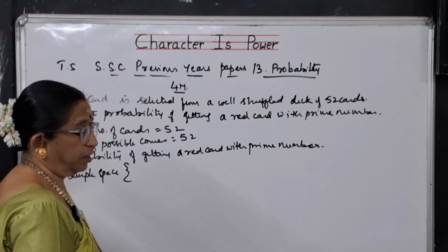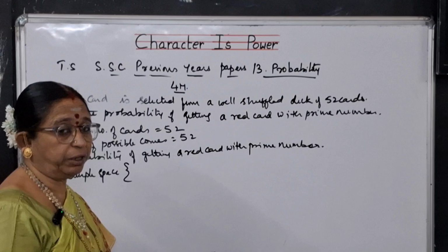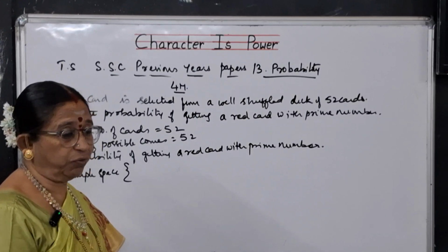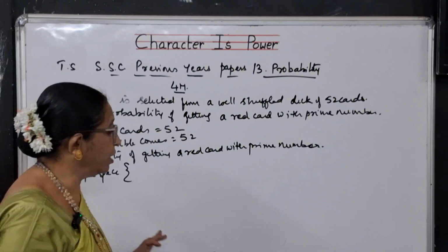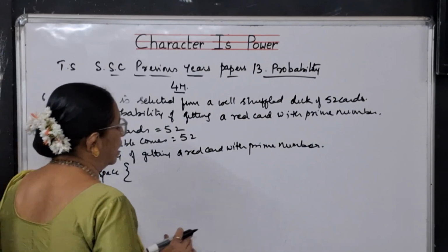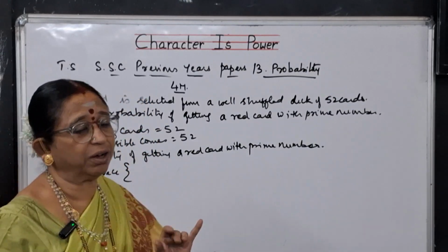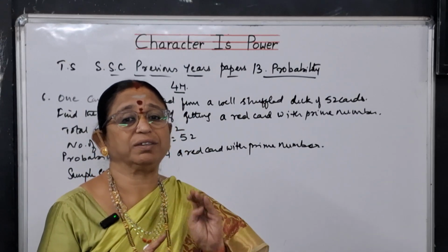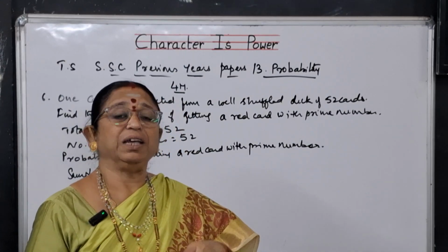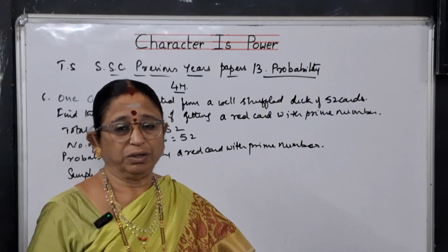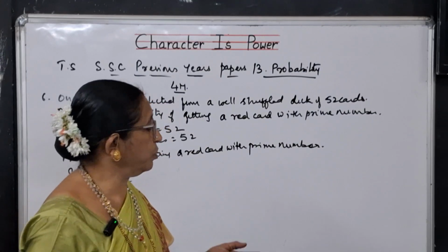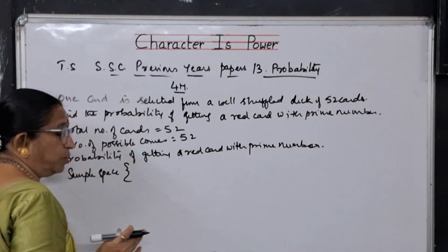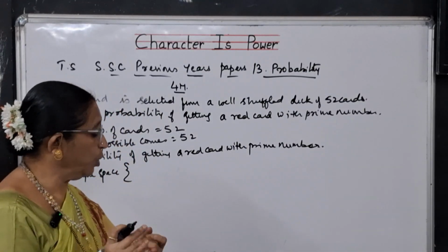Club is there, and you have diamond, you have heart, and spade is there. Out of this, hearts and diamonds are red. In the cards, you have got A, and then 2, 3, 4, 5, 6, 7, 8, 9, 10. Then J, K, Q. Jack, King, Queen. So here he is asking only the numbers. So we are going to talk about the numbers from 2 to 10.